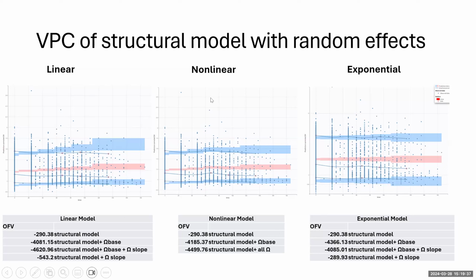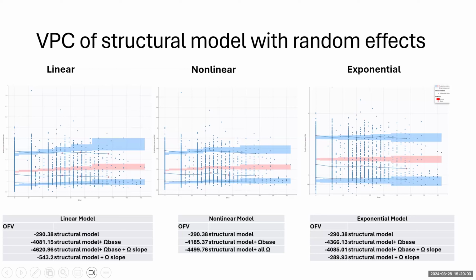I tried using Monolix to build the structural model using the linear, nonlinear, and exponential. She had the equations that she used, so we referenced that and used the same thing.